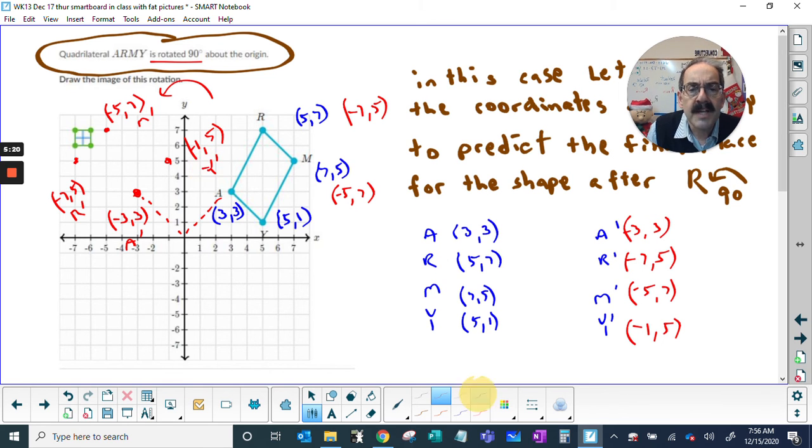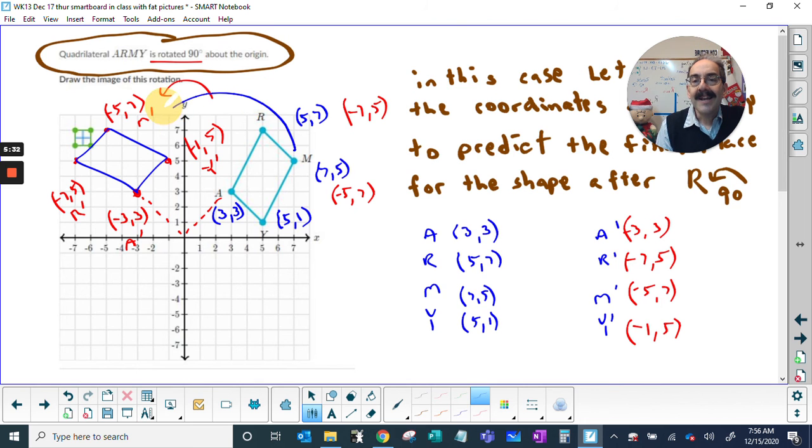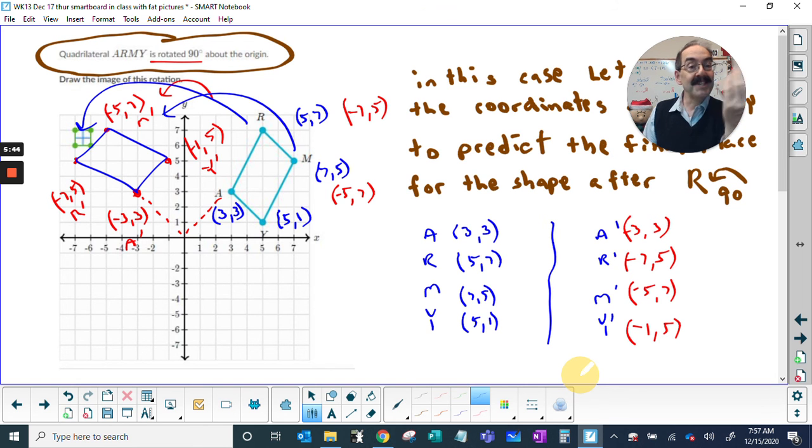Let's sketch this in. Boom, boom, boom, boom. See how each coordinate rotated 90 degrees? But we can do it numerically with the vertices by seeing the pattern.